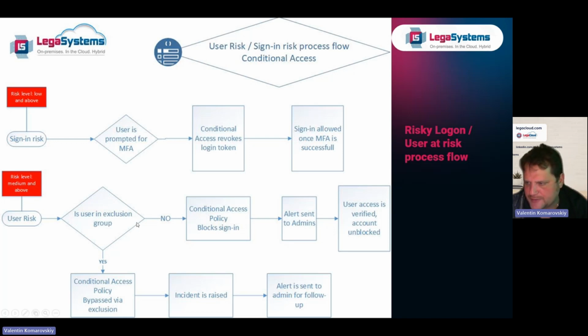And if they're not in the exclusion group, then have the user risk policy, when triggered at a level medium and above, trigger a conditional access policy that will block sign-in, and an alert will be sent to admins, but the account will be blocked until the user is verified.